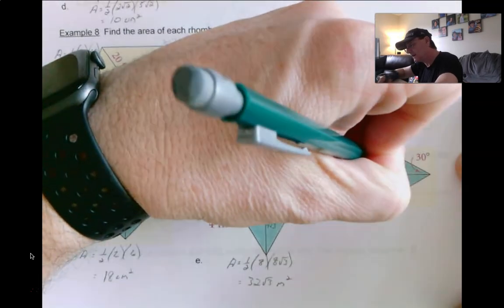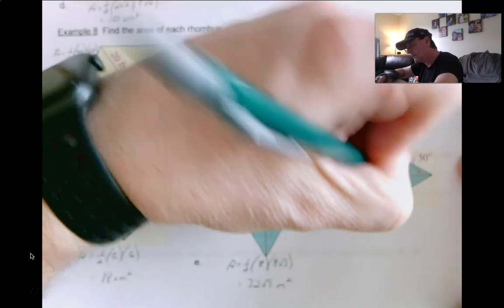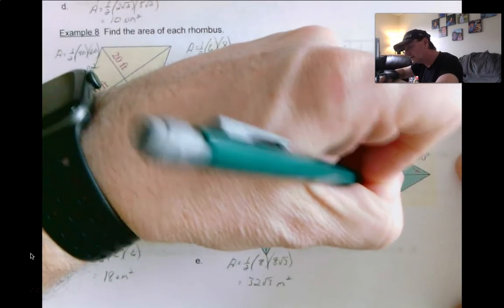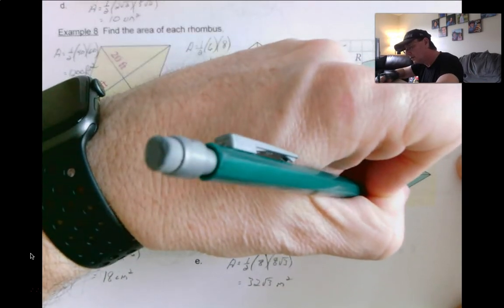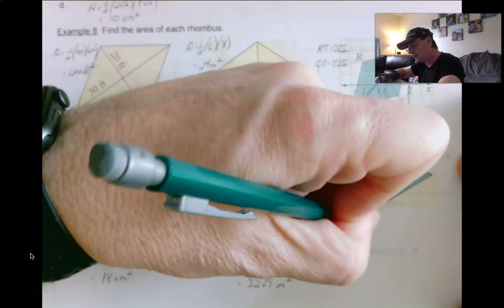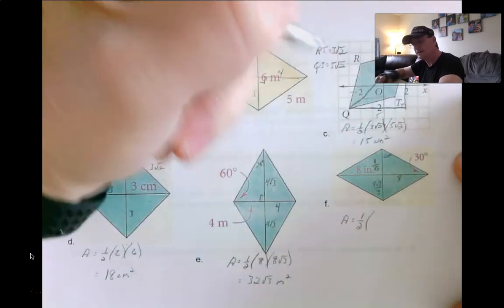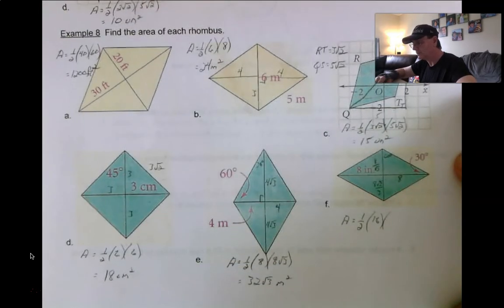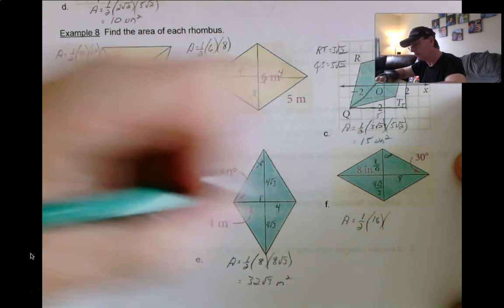I'm going to leave it as 8 over square root 3, knowing that in reality it's 8 square root 3 over 3. Area equals 1/2. Diagonal 1 is 16. Diagonal 2 is 16 square root 3 over 3.